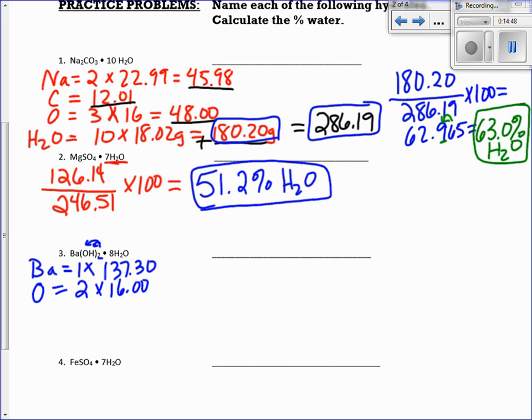Your hydrogens are going to be 2 times 1.01. Then you add in your waters at the bottom, which are 8 times 18.02. So that's how you would calculate that one to get your total mass. So continue on. When you're doing that, don't forget to distribute the outer 2 there. This subscript 2 goes for both things inside the parentheses.